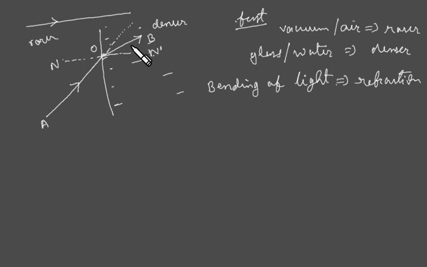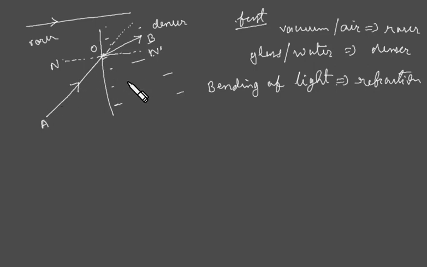Now if we just reverse the path of the light, in this case let's say BO is the incident ray, then of course the light will travel the same path OA as it was doing in the reverse process. So this is called the reversibility of light.